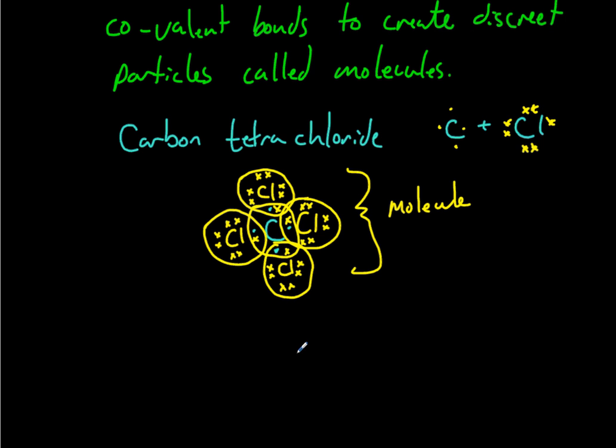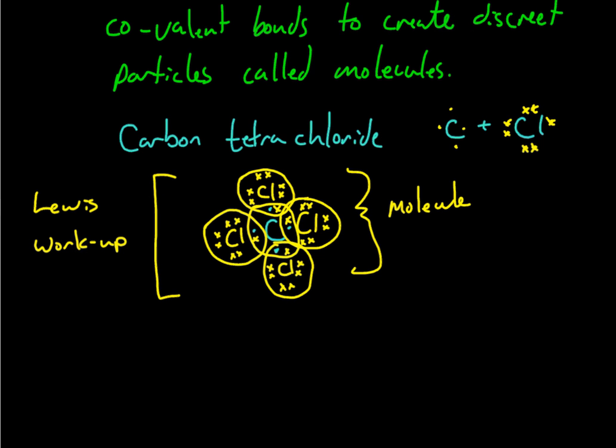Now, the way that we've drawn it here, okay, kind of has a name, and I don't know if this is an official name, but I like to call this a Lewis workup. Okay, so this is a Lewis workup. What it's doing is keeping track of every electron and how it's involved in a bond.